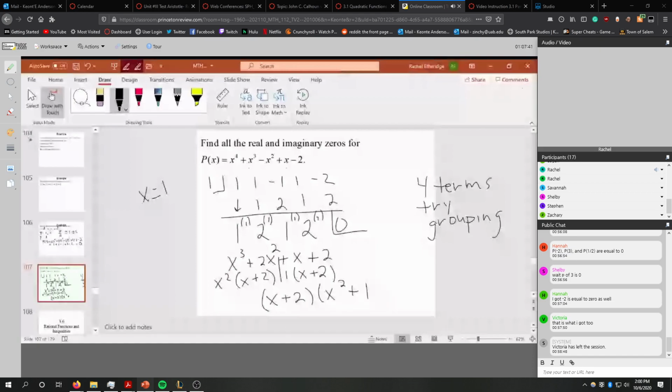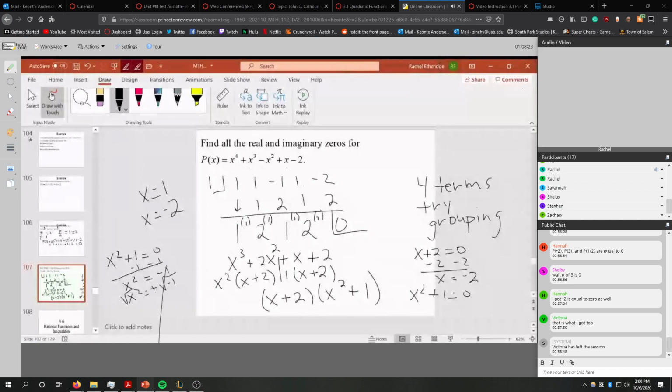If I set those equal to 0, I can solve for the rest of my zeros. So I have x plus 2 equals 0, so x equals negative 2. And you can check that was one of the possible zeros. And then I get x squared plus 1 equals 0. If I subtract 1, I get x squared equals negative 1. And if I use the square root property, and some of you missed this before because you didn't put your plus or minus right there.